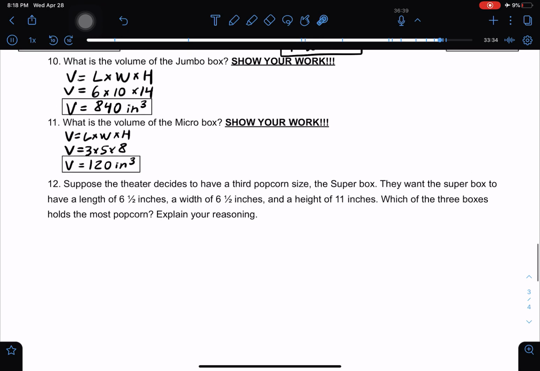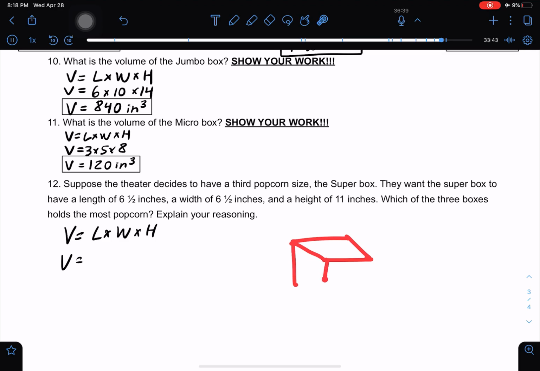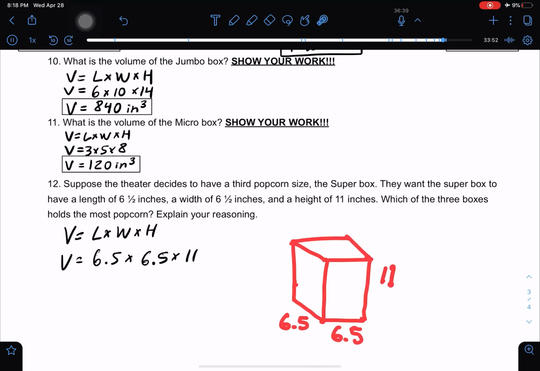Starting with this problem, as we did with the last 2, let's go ahead and include our formula, volume equals length times width times height. We can go ahead and plug in our numbers. I know this is 6.5 for our length, times 6.5 for our width, times 11 for our height. You may need a calculator for this part, but if you multiply 6.5 by 6.5, we do get 42.25, or 42 1/4, thinking back to fractions, which is a fourth.